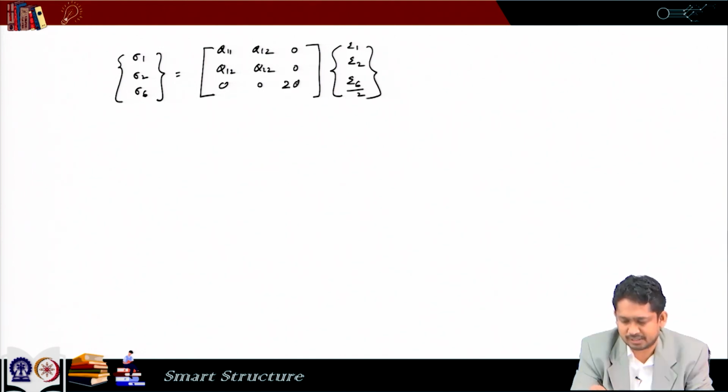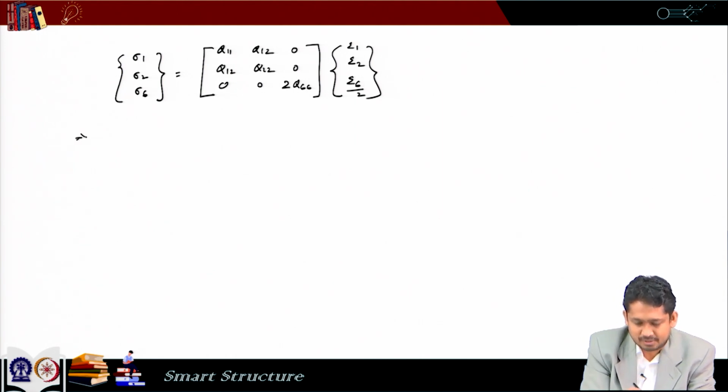Accordingly, to keep the value of sigma 6 the same, we multiply q 6 by 2 here.